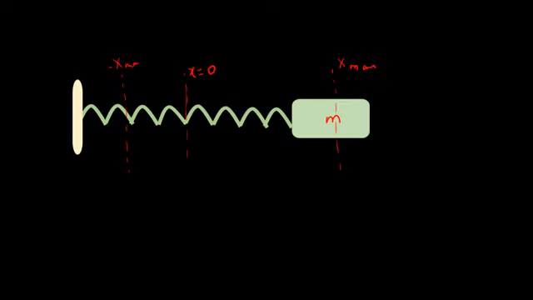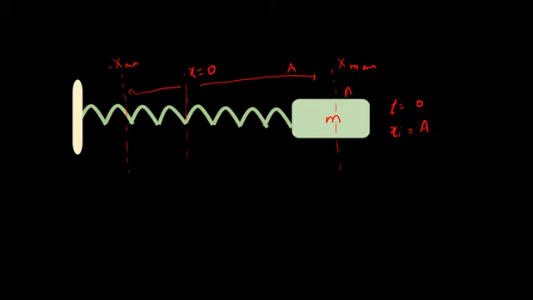Let's suppose that at t equal to 0, this is the maximum amplitude. This is the amplitude: the maximum position from the mean position in any direction, either in the negative x direction or in the positive x direction.